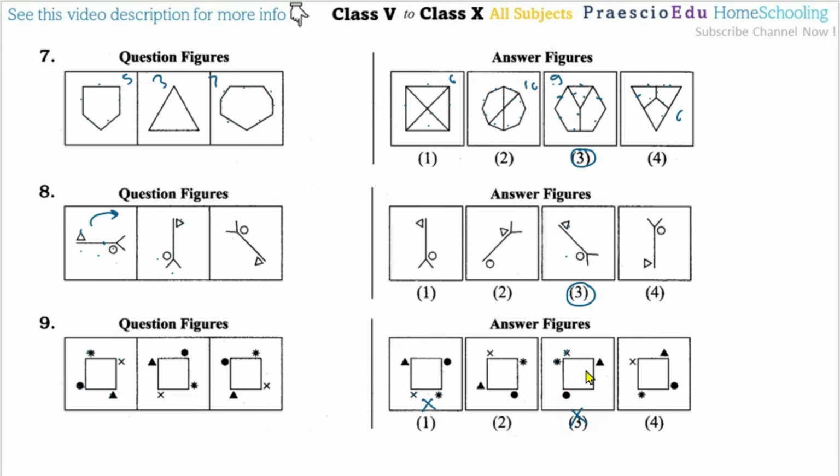Now if you observe the cross sign and the triangle sign, if you rotate like this, the triangle is ahead of the cross. Continuing, here it is behind, so option number 2 is incorrect. Now here the cross is ahead of the triangle, like the others also. So that's why option number 4 is perfect as per the rotations from these figures.